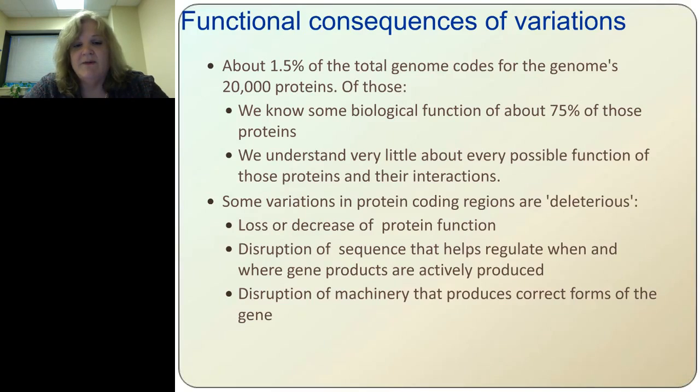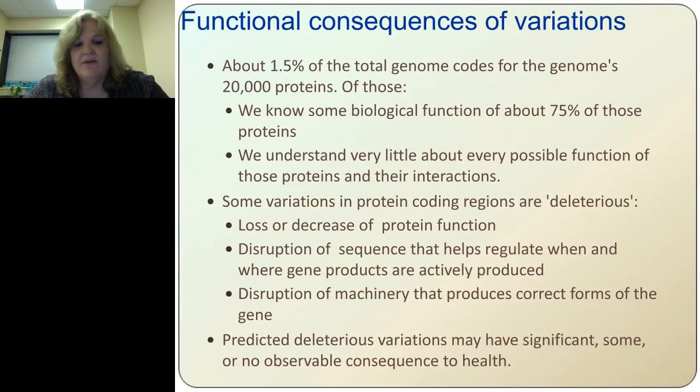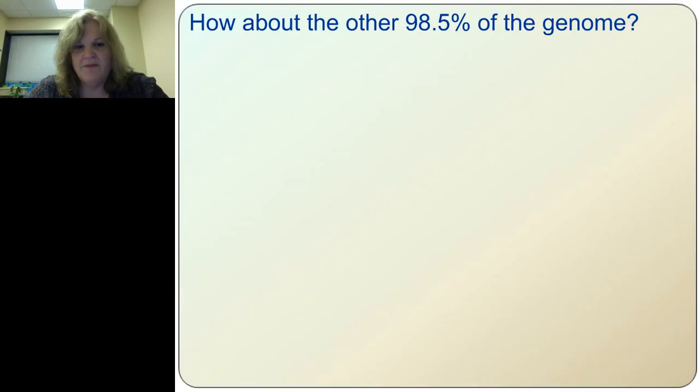And if we disrupt the sequence that helps regulate when and where these gene products are actively produced, some of these variations may disrupt where and when those are produced by disrupting the translational machinery. And also, there are predicted deleterious variations that may have some or no observable consequence to health.